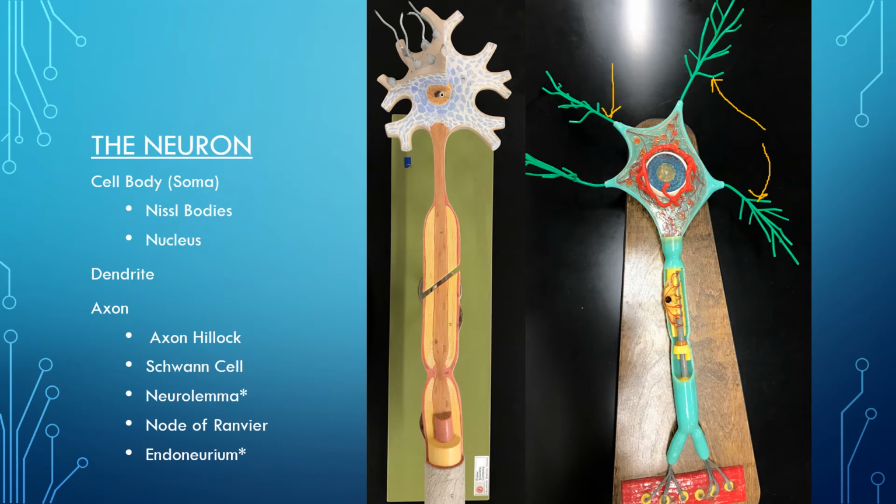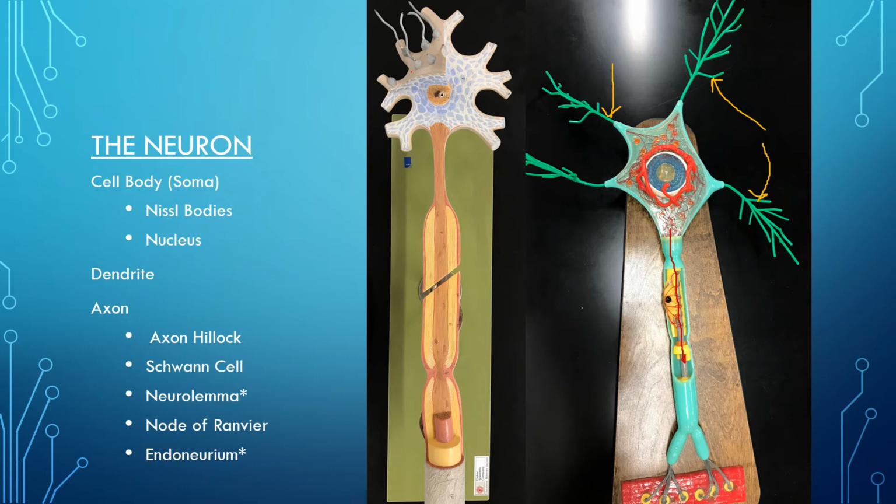How about the axon? Yes, in this model, the axon is this kind of gray looking plastic line that goes through the bottom of the cell. How about a Schwann cell? The Schwann cells are a little harder to see.